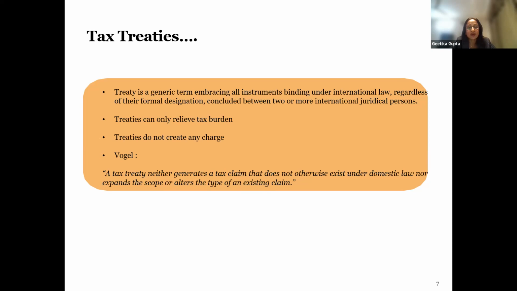So it is safe to conclude that no new charge can be created under the treaty. The purpose of the tax treaty is to allocate or distribute the taxing rights between the source state and the residence state. It cannot create a new charge which is not provided under the domestic tax law.